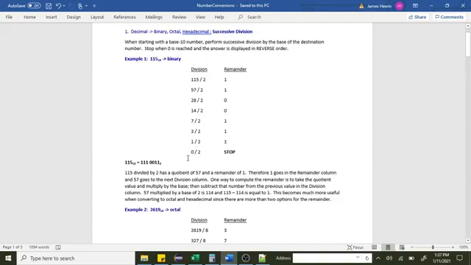Once I reach 0, that's where the algorithm ends. My answer is in reverse order, so I don't read top to bottom, I read bottom to top. That says 115 decimal, base 10, is 1110011.